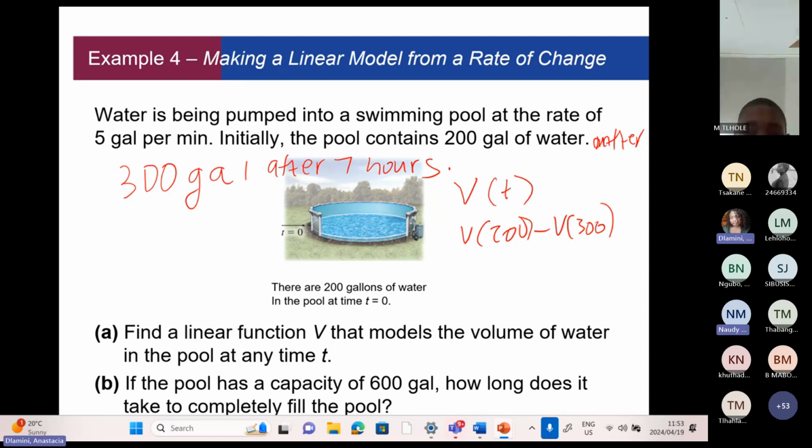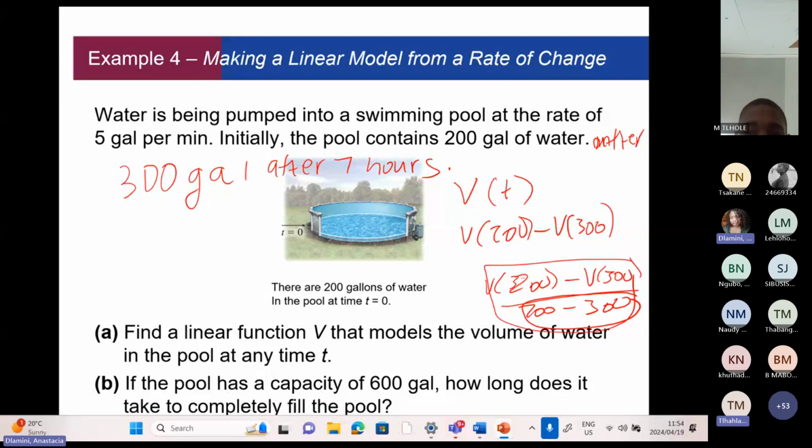So the statement is correct, but where are you going to substitute so that you can find the change in V, V of 200 minus V of 300 over 200 minus 300? You do have the 200 and 300, but you do not have the V. So let's do the question.